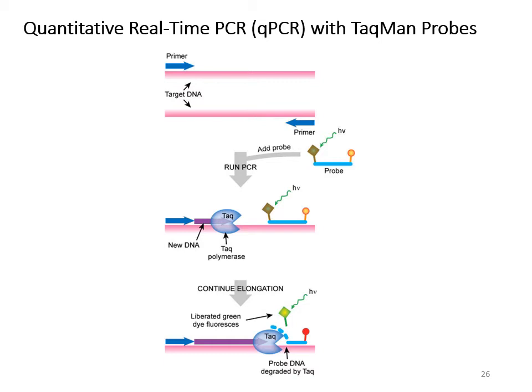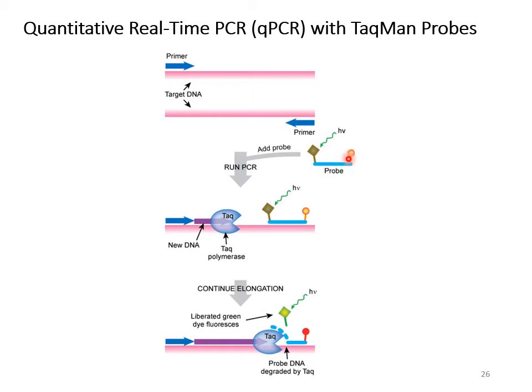And what these TaqMan probes are, you have to know what they are. They have a fluorophore on one side, so a fluorescent probe on one side, and then what's called a quencher on the other side. A quencher, like when you quench your thirst, it blocks the fluorophore, okay, because right now it's connected to that guy.